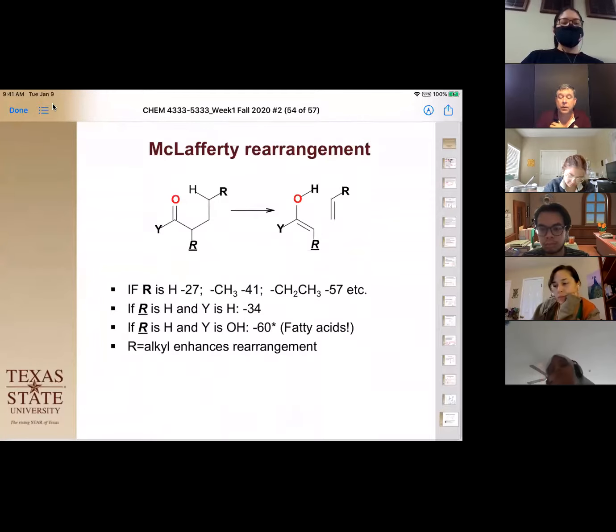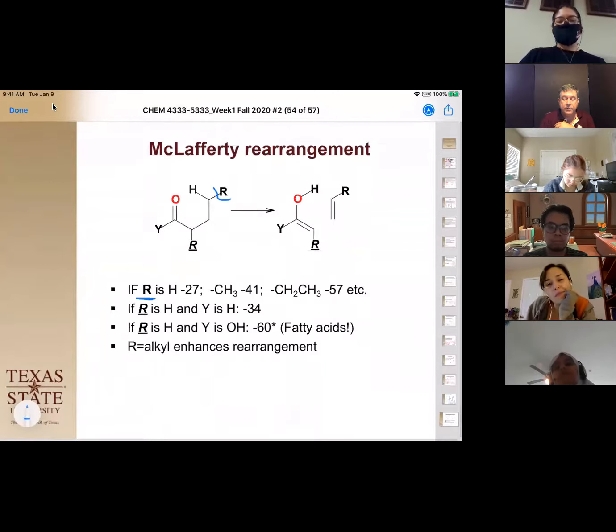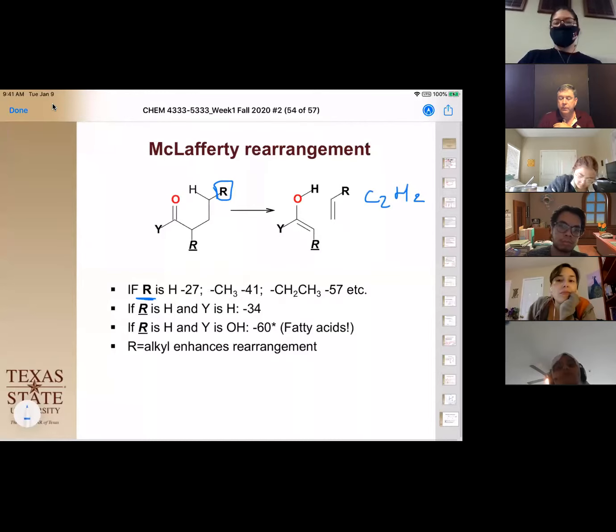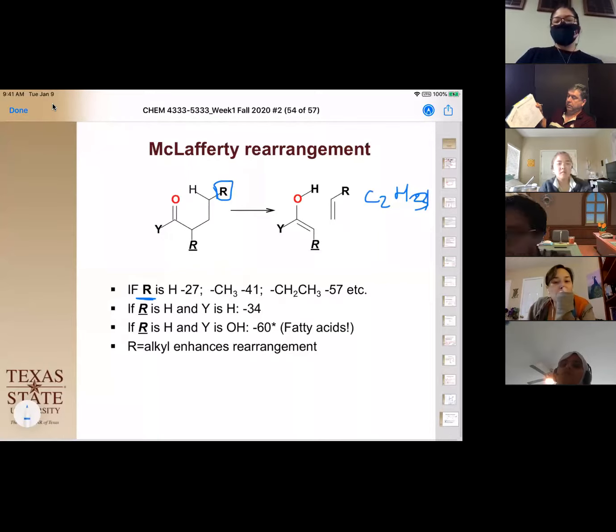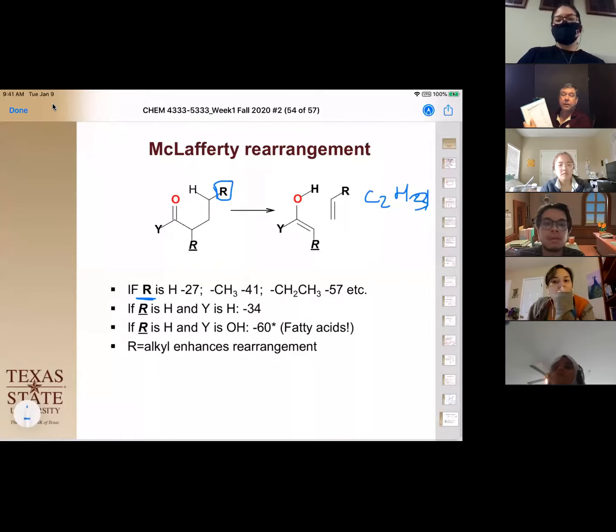The key here is if R is just a hydrogen right here, then the fragment we're breaking off is a C2H4 or C2H3 right here. And if we look in our fragmentation panel here, C2H3 is the loss of 27. Okay, so that's telling us we have a C2H3 fragment coming off.